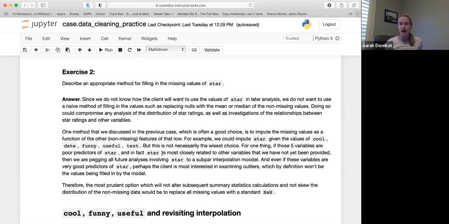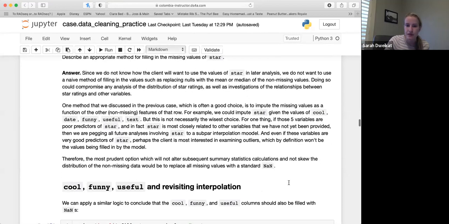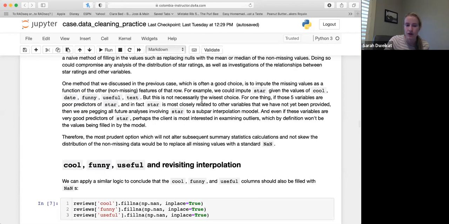So another thing, we're going to say the same thing not just for star, but for our other missing columns like cool, funny, useful, and text. We are for now going to say that we would put NaN in those. For this case, we're going to talk about other ways, just so that you can go through the process of learning the code.